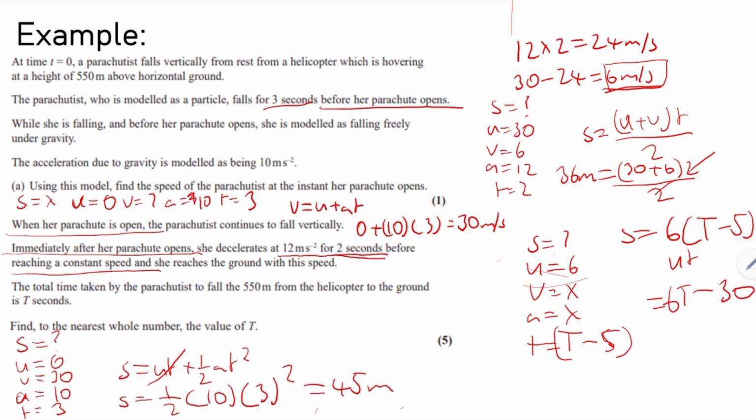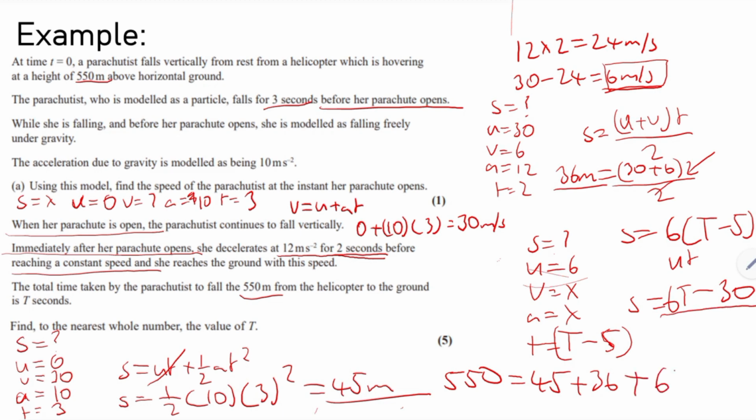So now that we have this, we can do the overall distance, which is 550, as it says here, equals 45, which is the distance of this, plus 36, which is the distance over here, plus this equation, 6T minus 30.